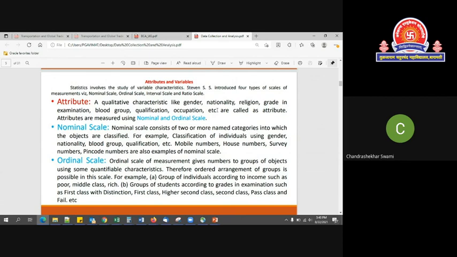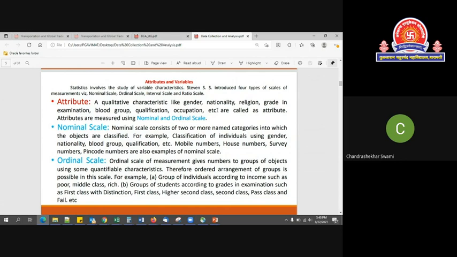Suppose the mobile number, pin code, or STD code of a certain district or city, even though they are numerical, are still called attribute types, because they are just representing a group or identifying the city.